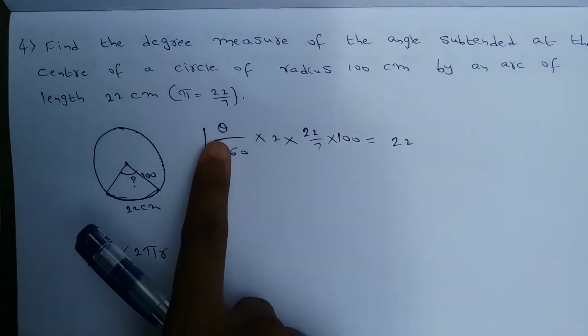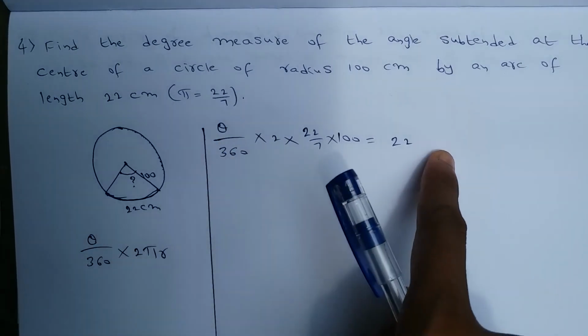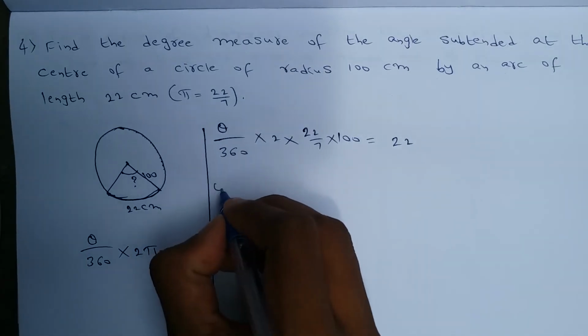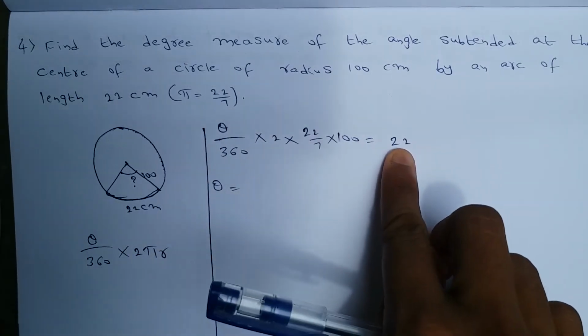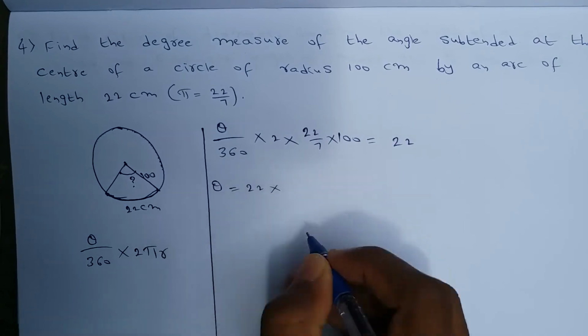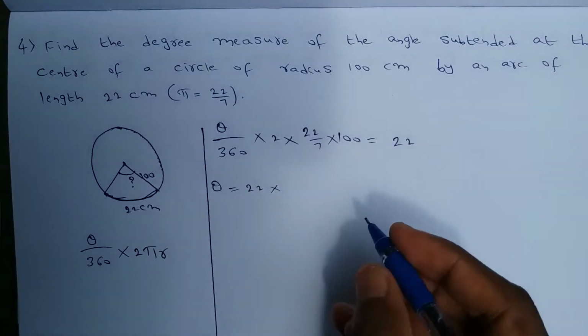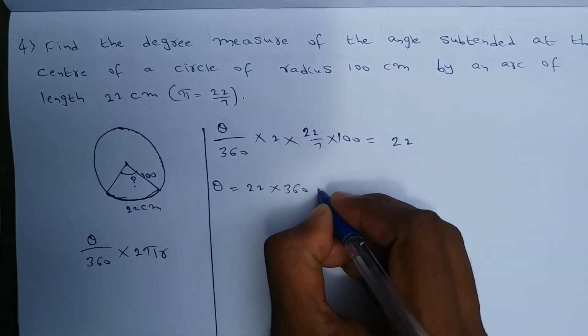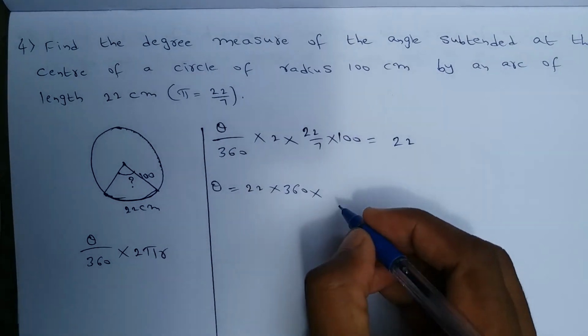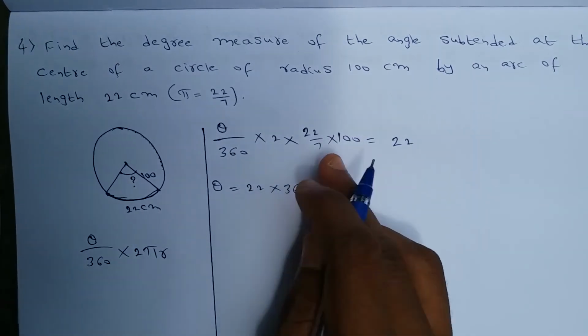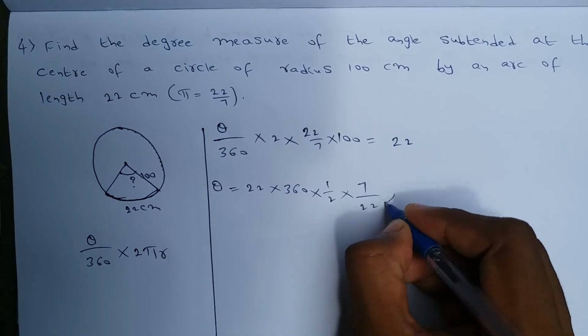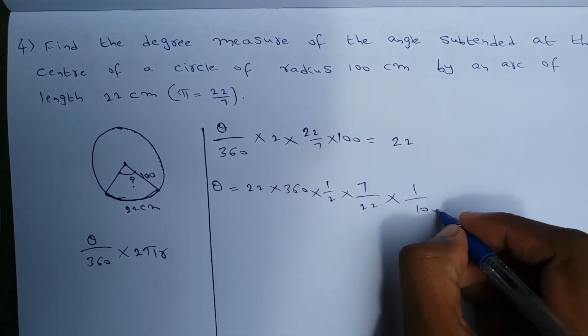Now I want the theta value, so I will take everything else to the right side. So theta is equal to 22 as it is, into 360 multiplied, into 1 by 2, 7 by 22, 1 by 100.